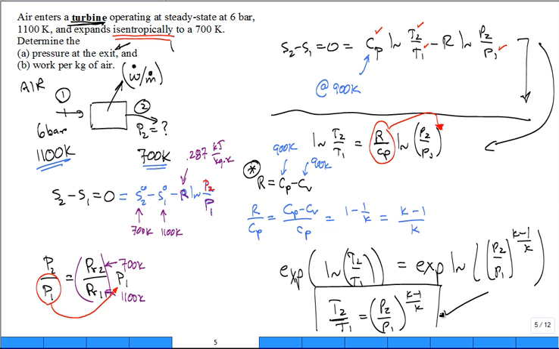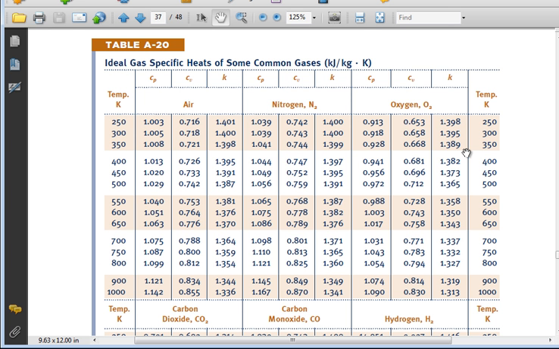To be accurate though, for this problem, you should evaluate K at what temperature? 700 Kelvin. Quickly, let's jump to the air tables. And here is 700 Kelvin, so I should use a value of 1.364 for K. And that equation will give me a very good answer compared to the temperature-dependent air tables.